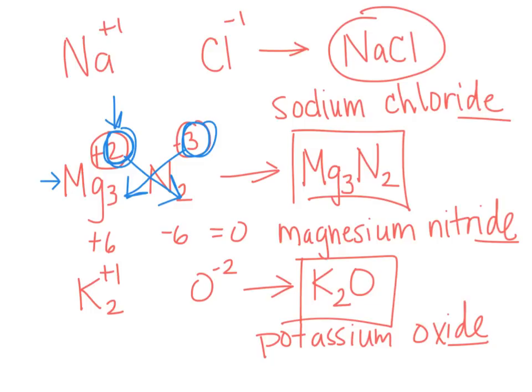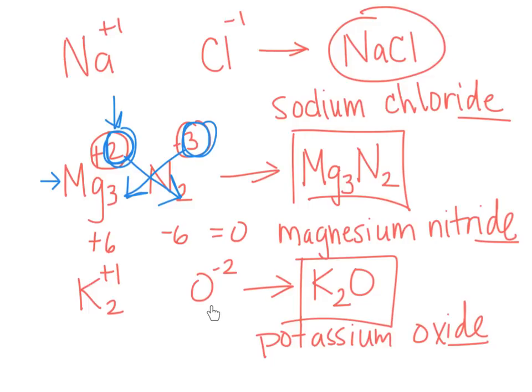You just want to cross the numbers. So once again, the 2 comes down here, the 3 comes over there. And then if you look at the potassium oxide example, a 1 would cross over here. But notice that we didn't write a number 1.